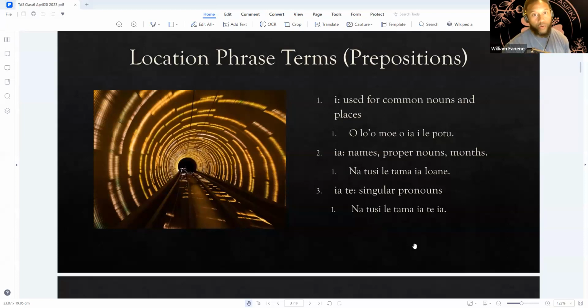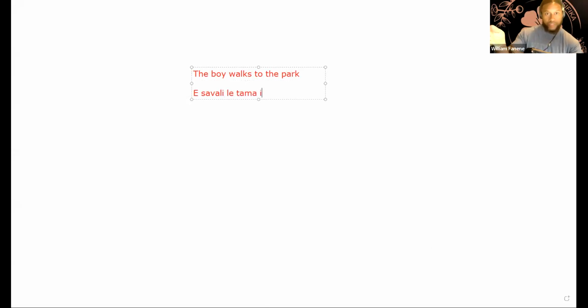So if we say the boy walks to the park, we had savali le tama e. So now we're starting our preposition, our location phrase. All right, e le paka. Yep, i le paka. So we have e savali le tama i le paka.